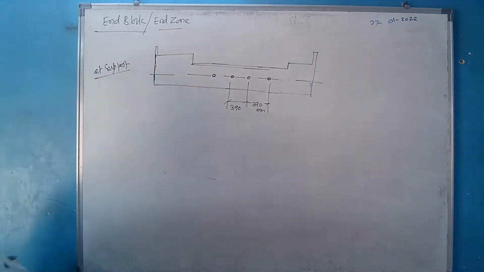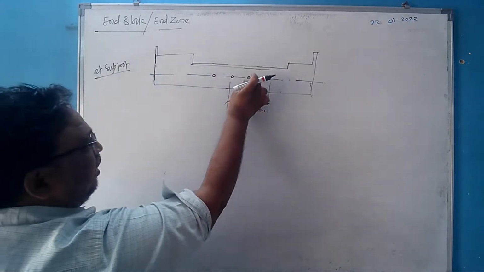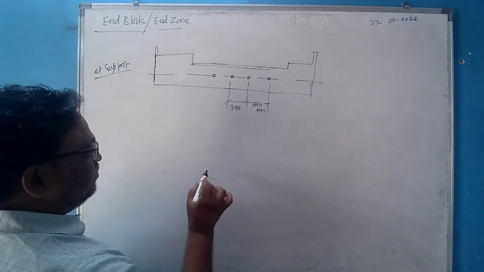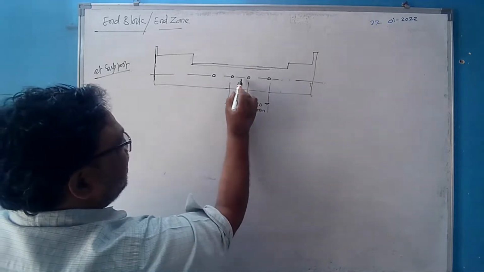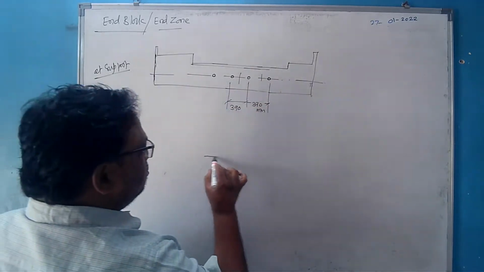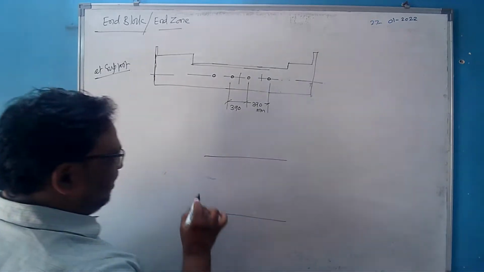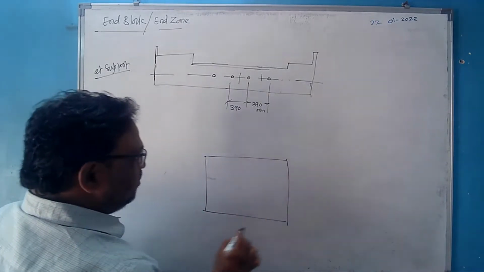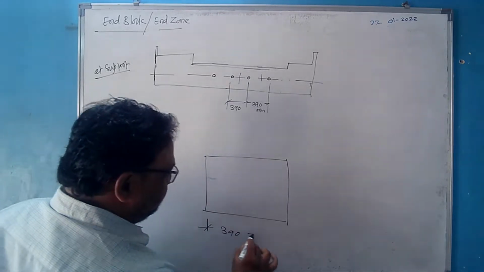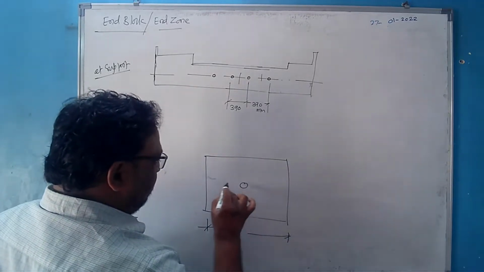Okay. So I take one cable. I take a case of one cable. तो कैसा रहेगा एक केबल? Half the spacing to the left and half the spacing to the right. So say this is the element. The width here will be equal to 390. Here is the cable at neutral axis.